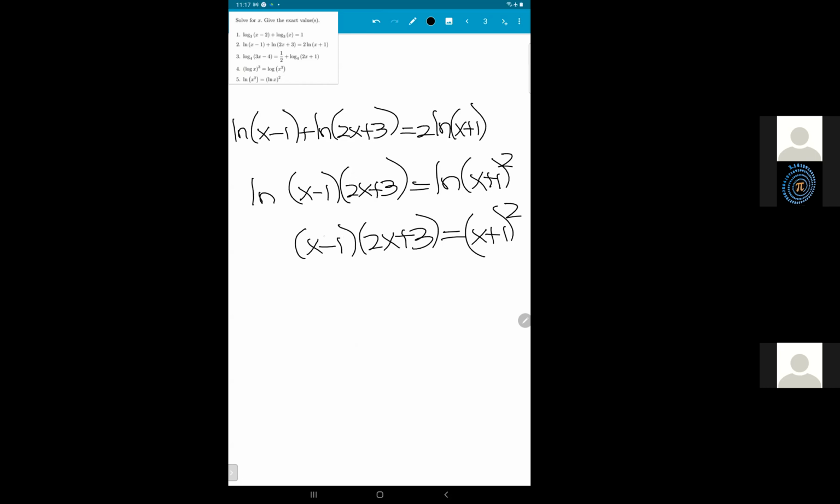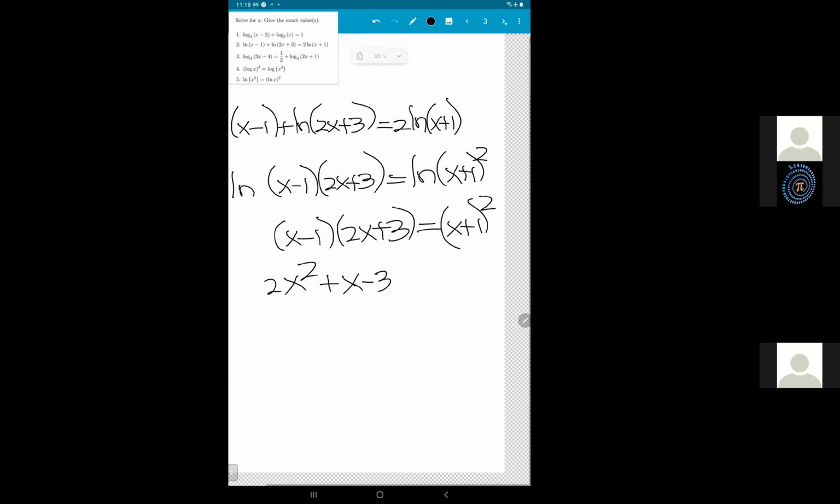So let's solve. 2x squared and then negative 2x plus 3x is 1x and then minus 3. And then x squared plus 2x plus 1.